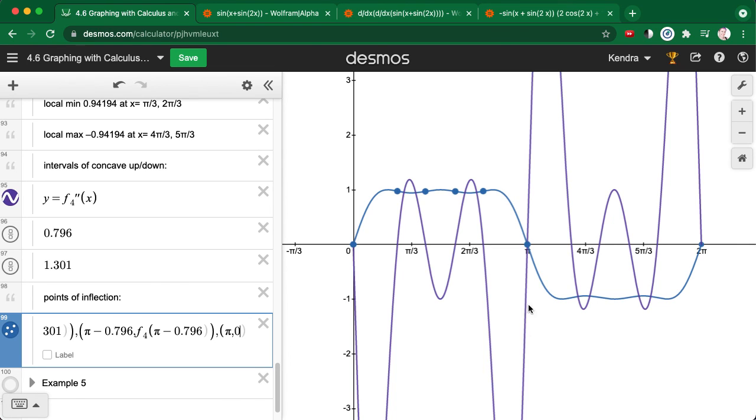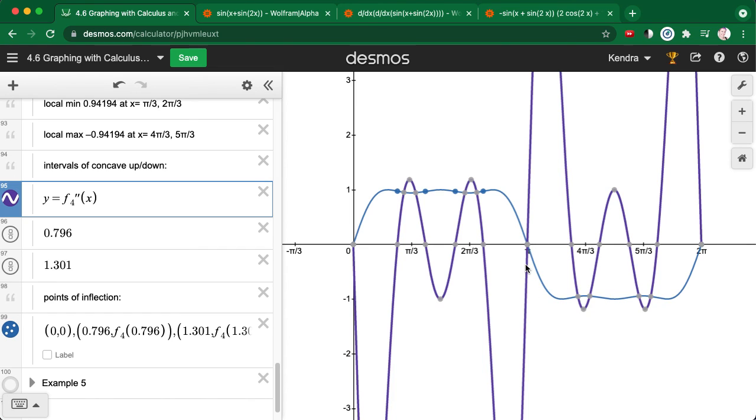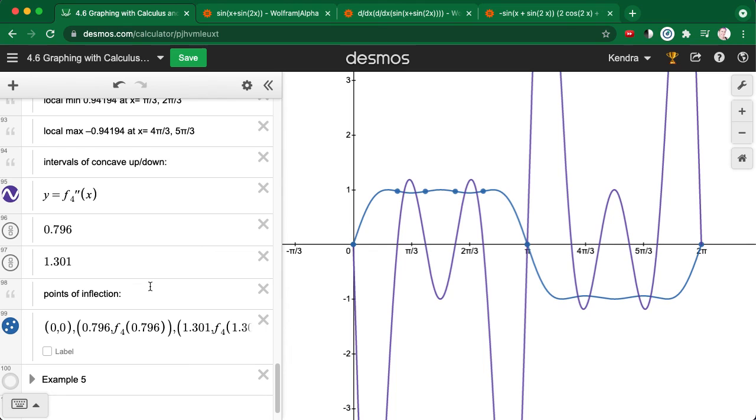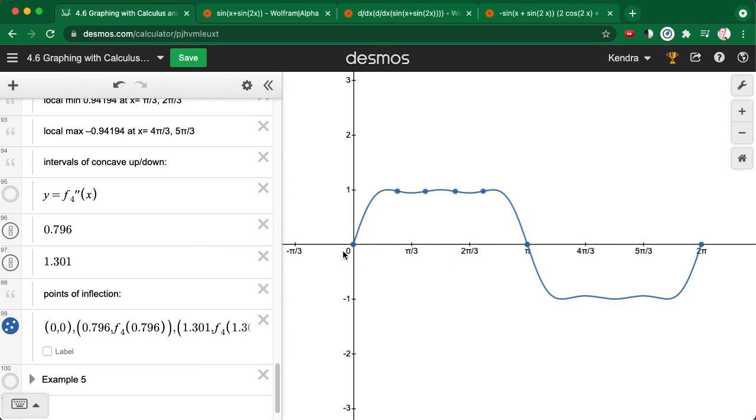This is another place where the second derivative switches from negative to positive, so that is going to be a point of inflection. The function is switching from being concave down to concave up, and then we can fill in the rest of the points of inflection basically by taking pi plus these two numbers, and 2 pi minus those two numbers is going to be the rest of those points of inflection.